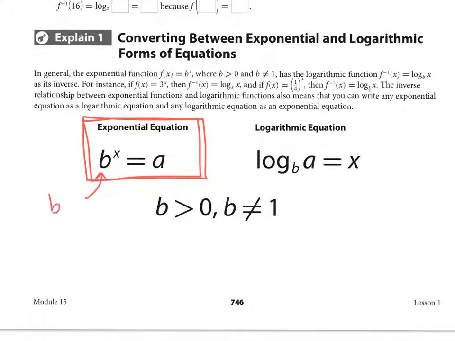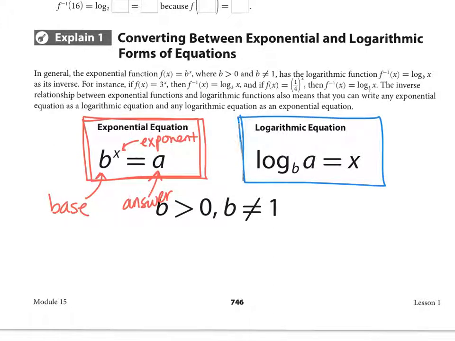So b is the base, x is your exponent, and a, we'll call that the answer. All right, so when we write this in log form, and logarithmic form is going to help us to solve, and you'll see that maybe not today, it may even be next week when we use it to solve.